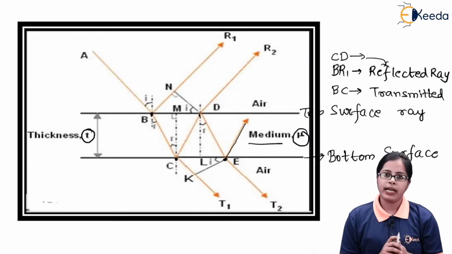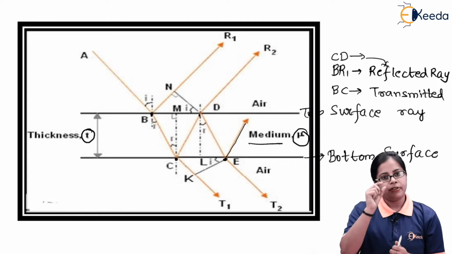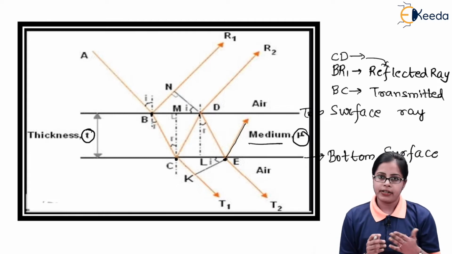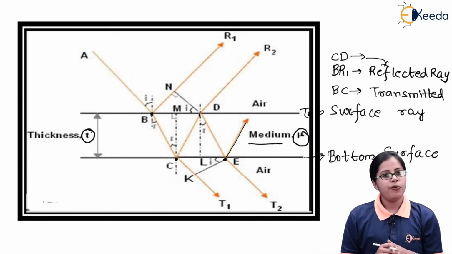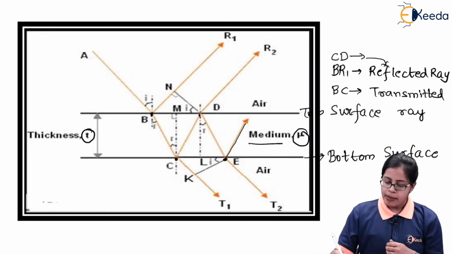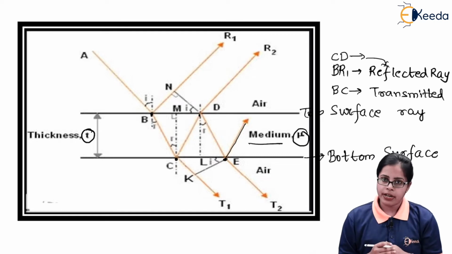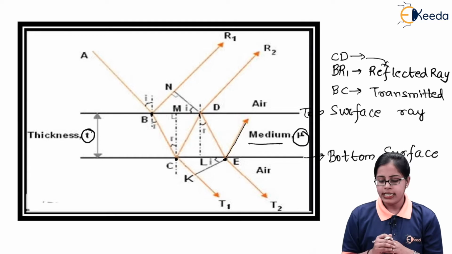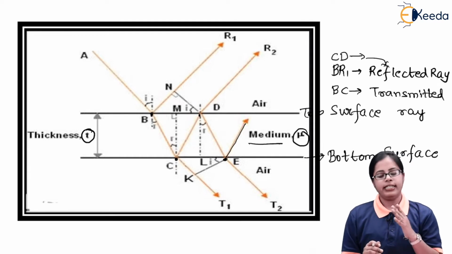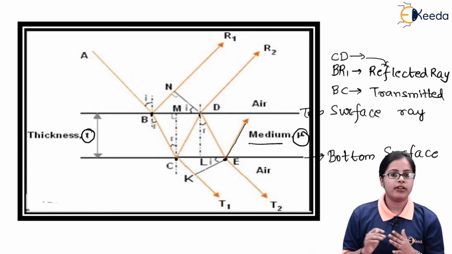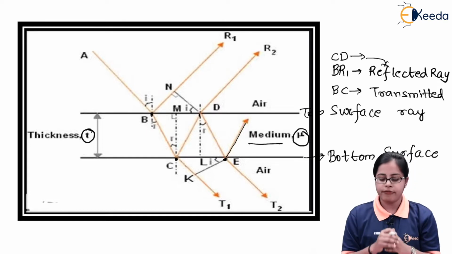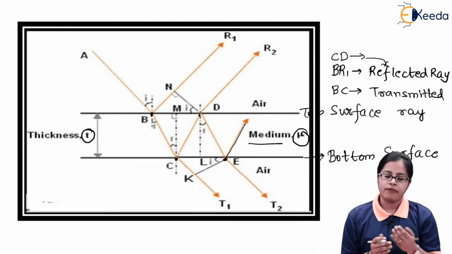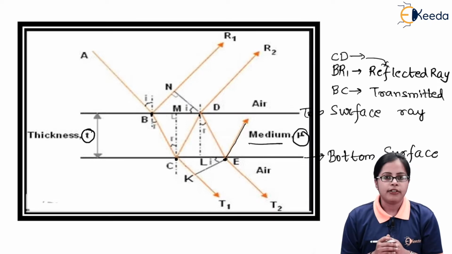So if you look at the whole diagram, AB is the incident ray, BR1 is the reflected ray, DR2 is a refracted ray, and BC is the first transmitted ray for the incidence at point B. At point C there is a reflected ray moving along CD inside the thin film, and one more transmission along CT1 when it comes out of the thin film.